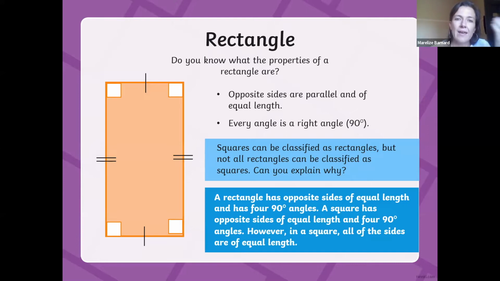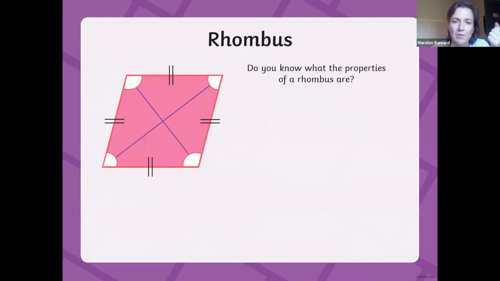Okay, like I say, take screenshots, don't try and write it all down. Okay, rhombus. What are the properties of a rhombus? Pop it in the chat.